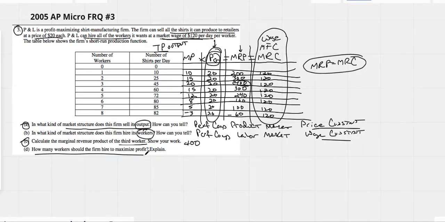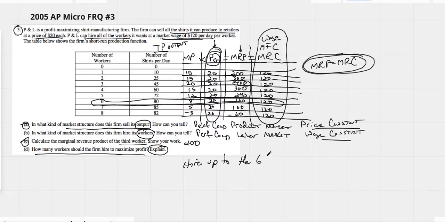How many workers should this firm hire to maximize profit? Again, we want to look to where marginal revenue product is equal to marginal revenue cost. Looks like with the sixth worker. So recognize that the sixth worker we would hire up to, and we want to explain this, and we want to say we would hire up to the sixth worker as marginal revenue product is greater than marginal revenue cost.